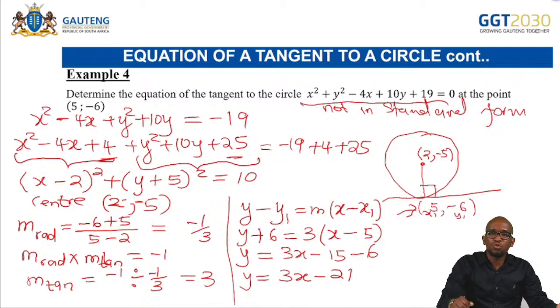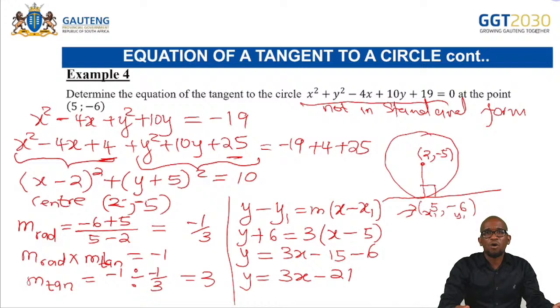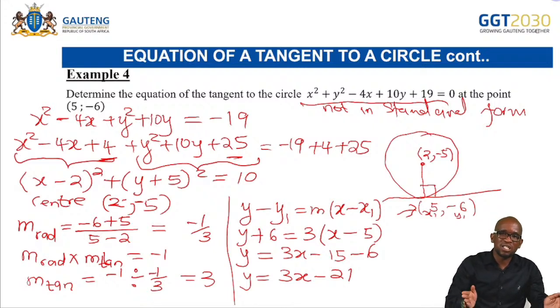So you'll be able to work out the gradient of the tangent. Using the standard equation, you'll then substitute the gradient as well as the point of contact to find the equation of a straight line. However, in our case, the equation was not given in standard form, so we needed to standardize the equation first so that we can get it in center and radius form, and then pick up the center, hence be able to calculate the gradient of the radius.